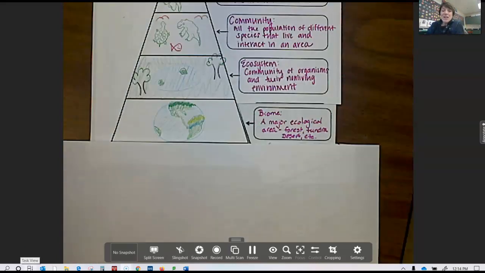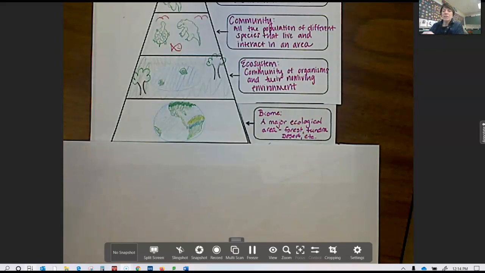Okay, our next level of ecological categories is a biome. Now, for an ecosystem, we can say, well, there's a pond ecosystem, or we might even look at just a tree and say there's a tree ecosystem. A biome is a major ecological area, so it might be like an alpine forest, or it might be the tundra, or it might be one of the deserts. It's a larger area that is characterized by a certain type of climate.